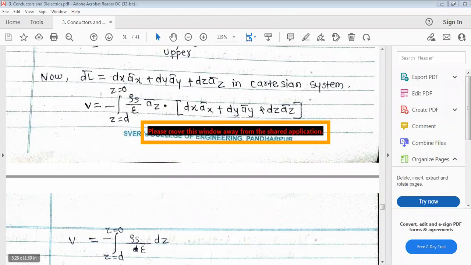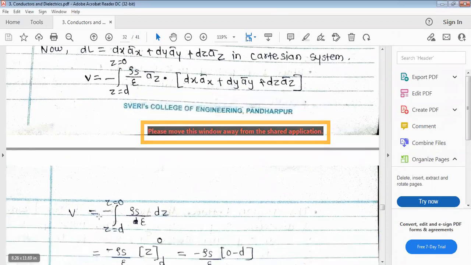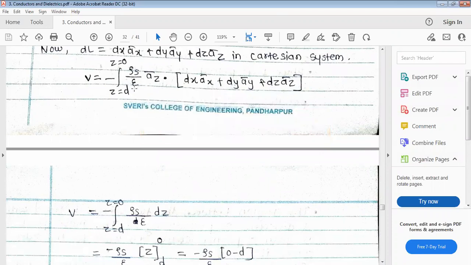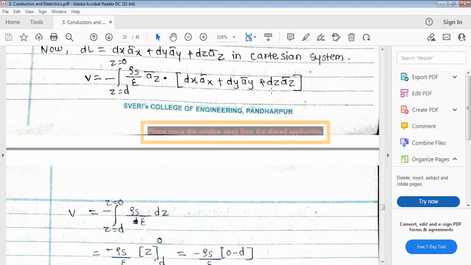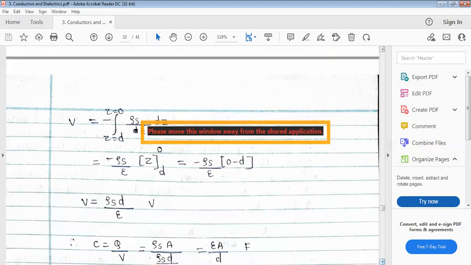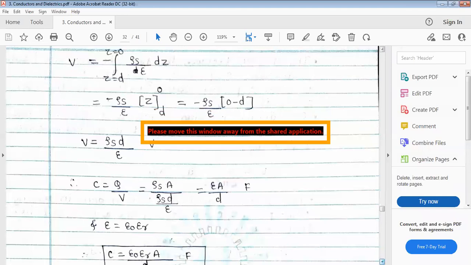Okay. So this V is equal to minus integration from z is equal to d to z is equal to 0 of rho s divided by epsilon into dz. Now we have to just take the integration. So it is equal to minus rho s divided by epsilon, that constant we are taking outside.